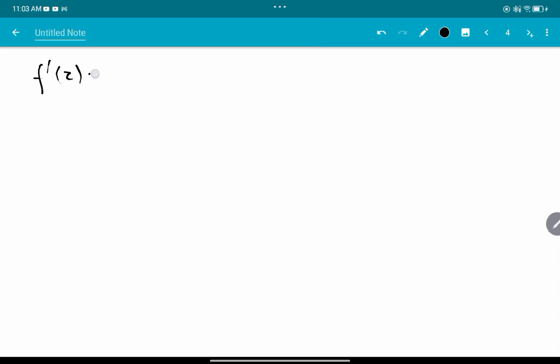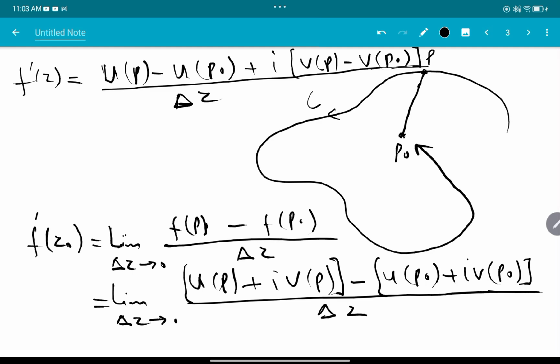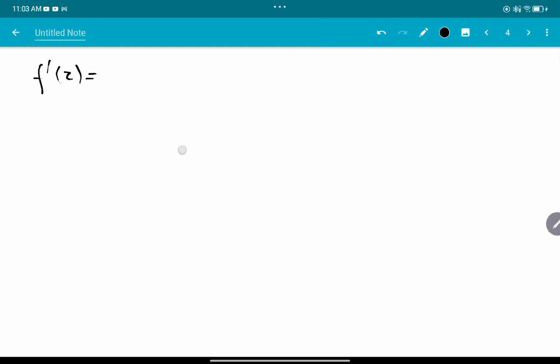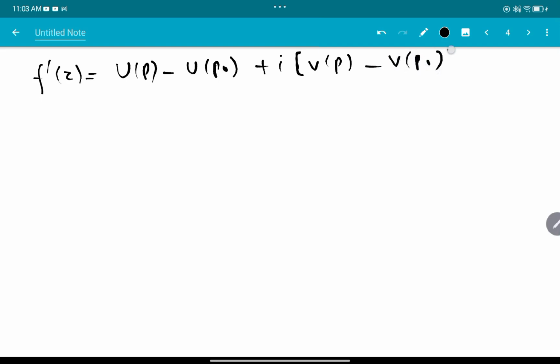I have reached this stage where f dash z is equal to the limit as delta z tends to 0 of u(P) minus u(P0) plus i times v(P) minus v(P0), divided by delta z.